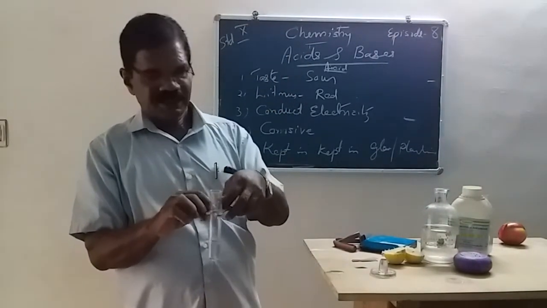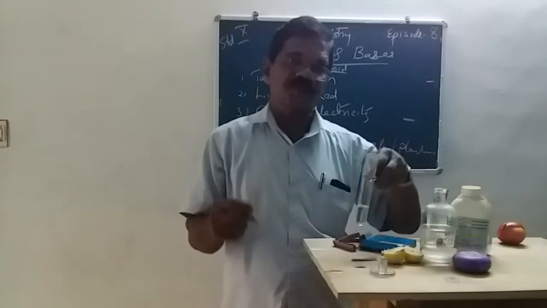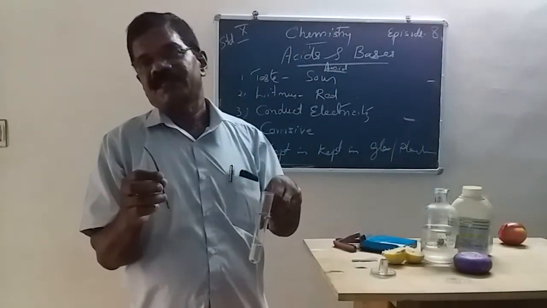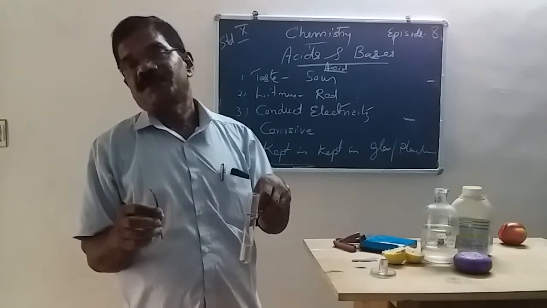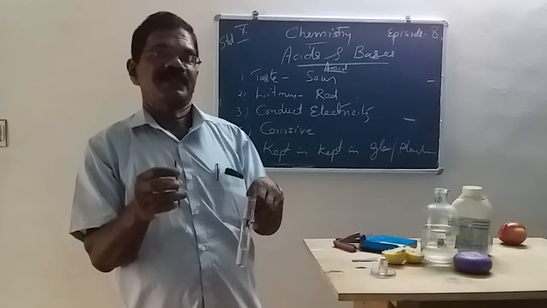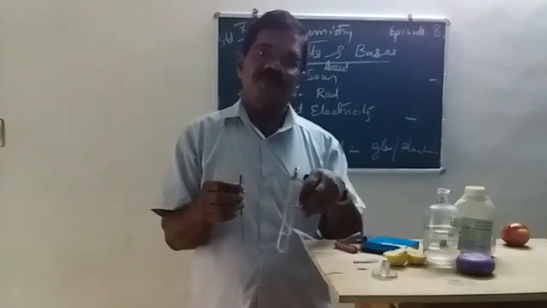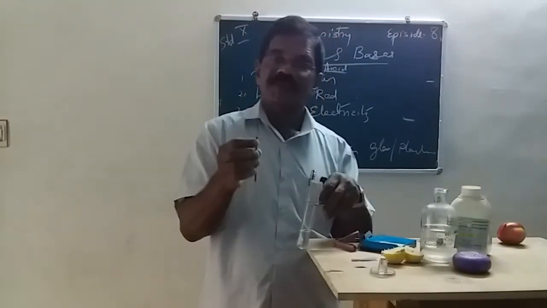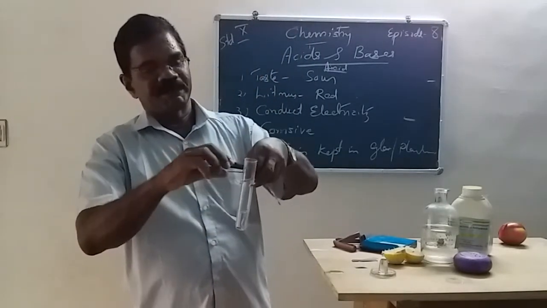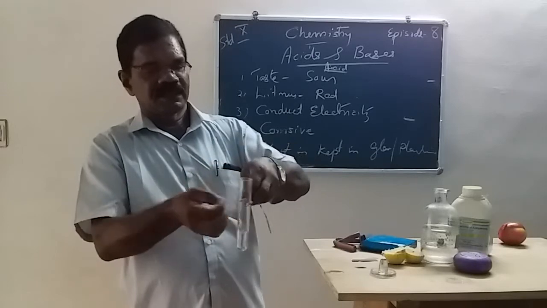Why? Magnesium, when exposed to air, reacts with the oxygen and moisture present in the air to form a coating of magnesium oxide. In order to take part in the reaction quickly, we have to remove the magnesium oxide coating with sandpaper. Then a piece of magnesium is placed in it.